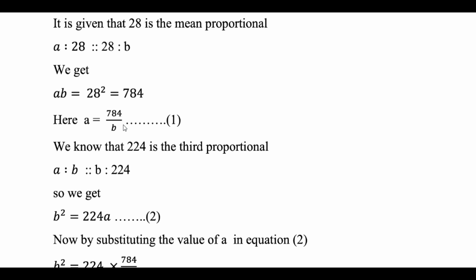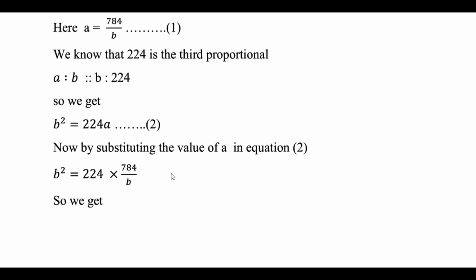We know that 224 is the third proportional. That is A is to B is equal to B is to 224. So B square is equal to 224A. Write equation number 2.